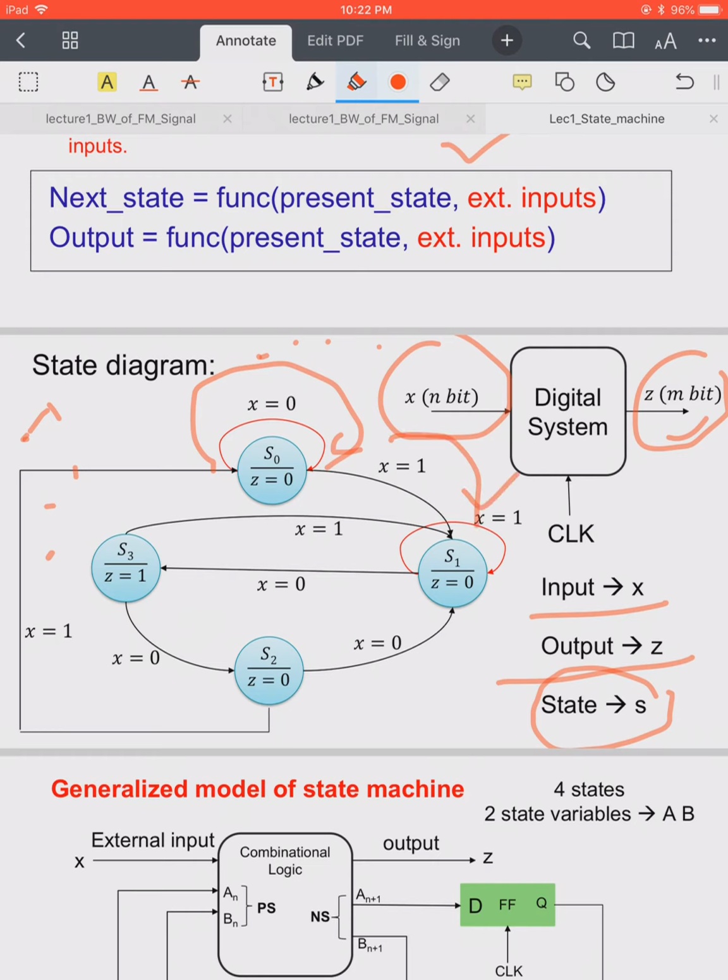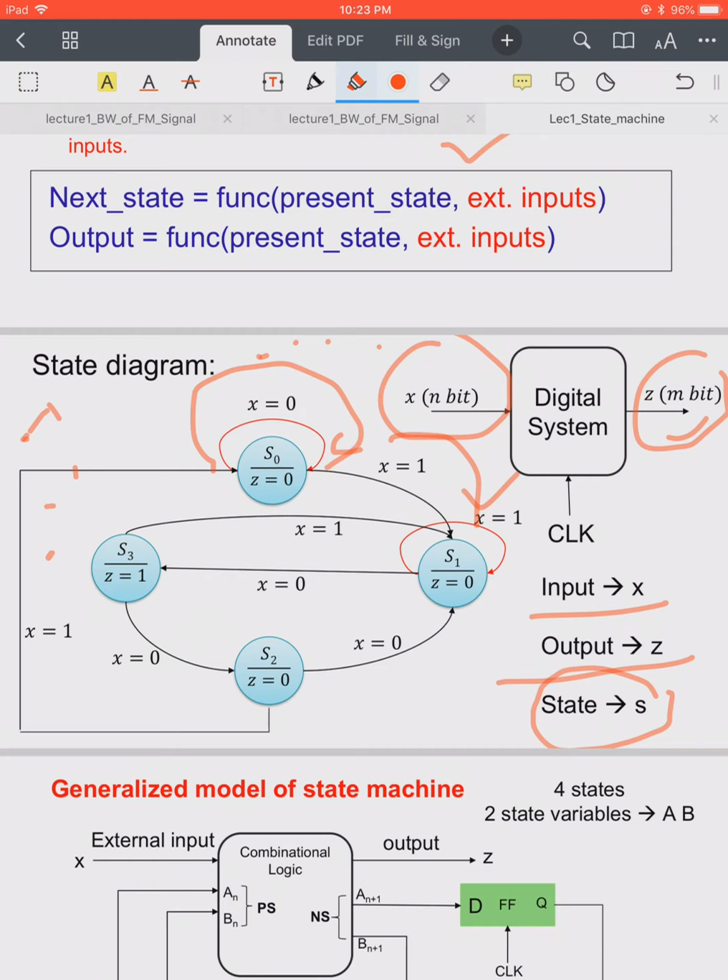But this transition is triggered by the clock. So this is the behavior, this way we have described the behavior of the system. At each state you can see there are two possible inputs, x is either 0 or 1, because we have assumed that the input is 1 bit.